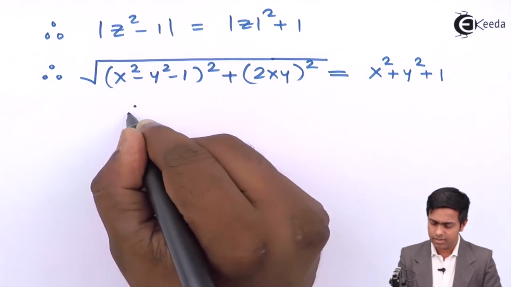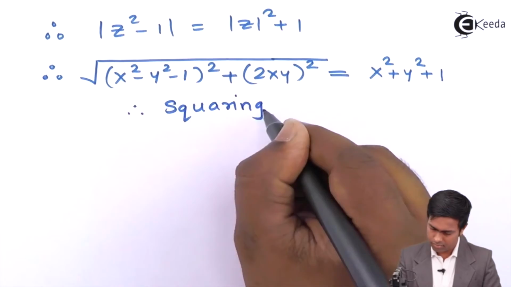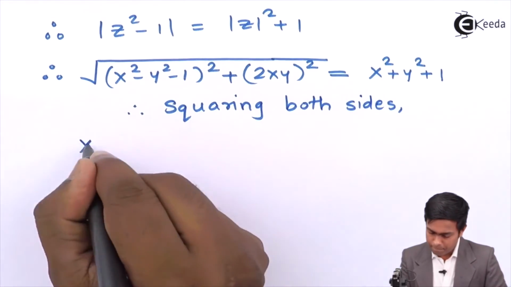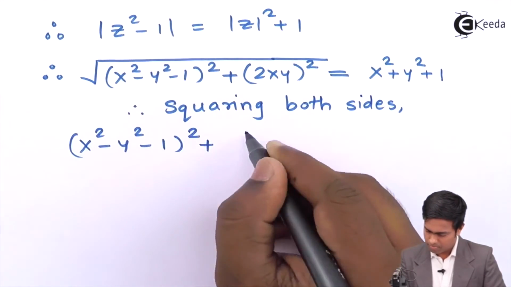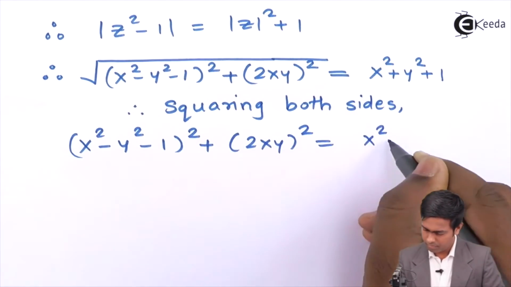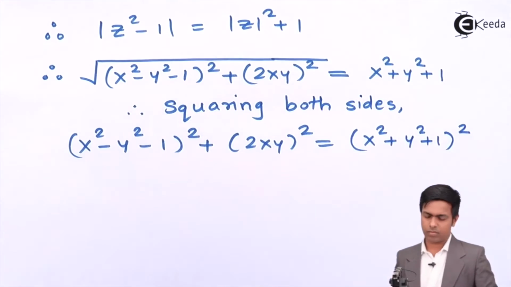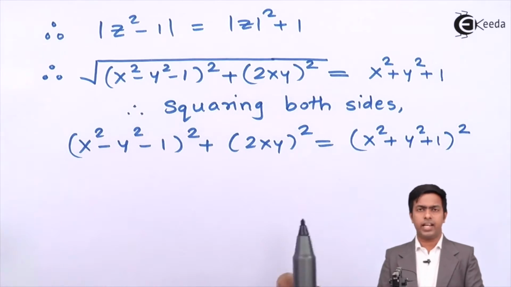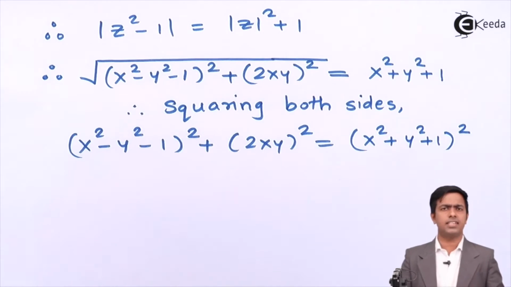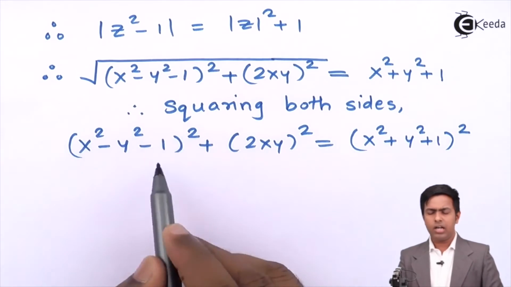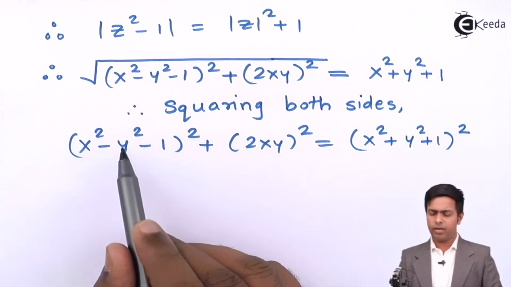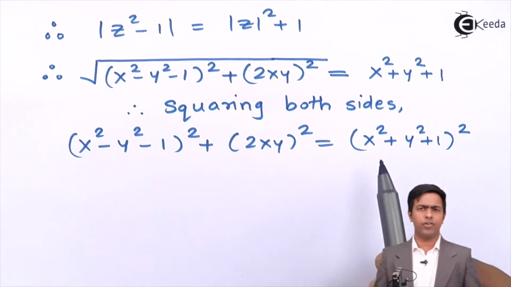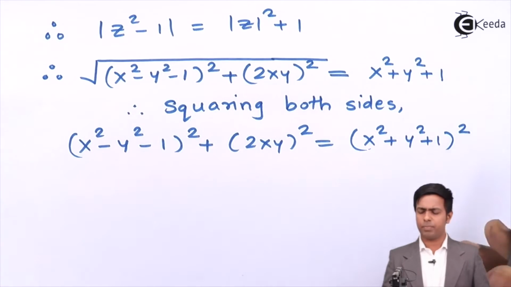Squaring both sides, we'll solve the left hand side and right hand side and cancel the similar terms. Here I'm going to use the formula of a minus b minus c the whole square, or let's see the right hand side first. Here we can use the formula of a plus b plus c the whole square.